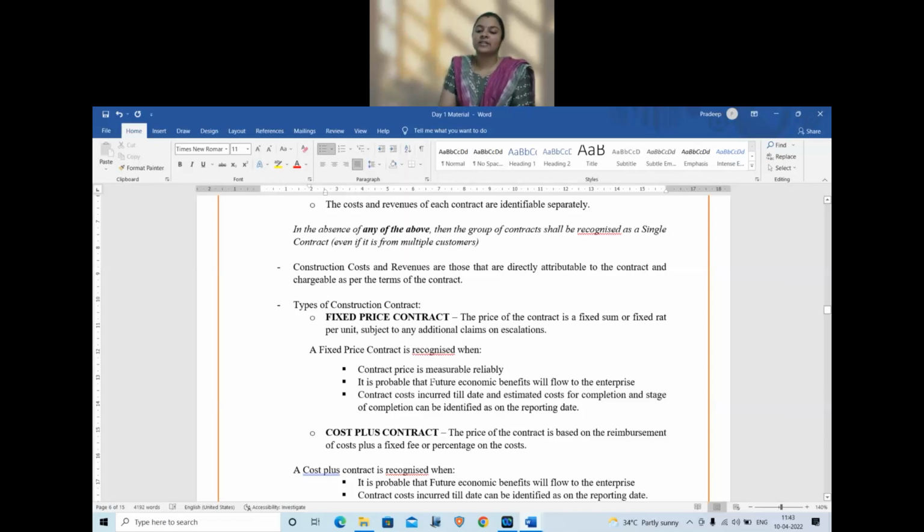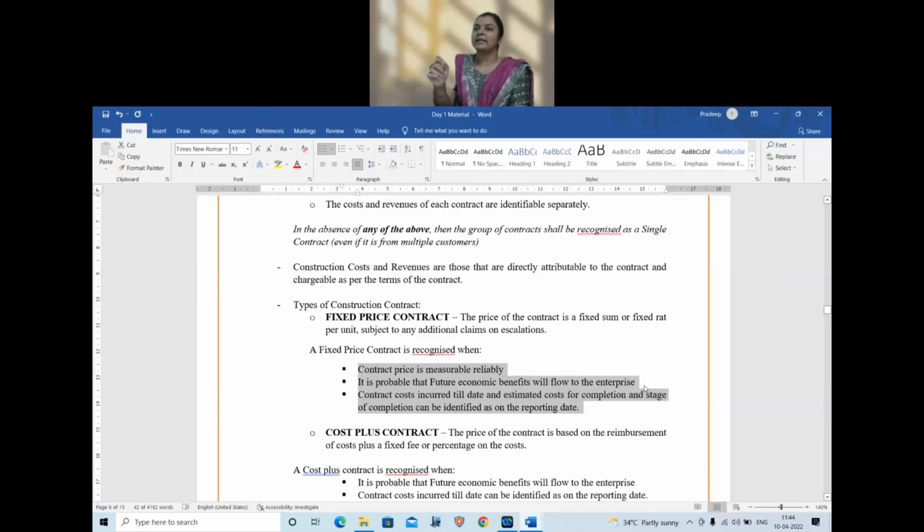One question that has been asked theoretically in one of your papers is, what are the rules to recognize a fixed price contract? Again, 3 rules. First, I should be able to measure the cost reliably, so the contract price is measurable reliably. Second, there is certainty of receiving the income, which means it is probable that future economic benefits will flow to the enterprise.